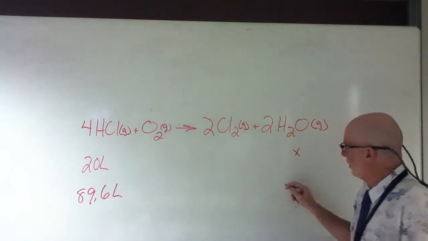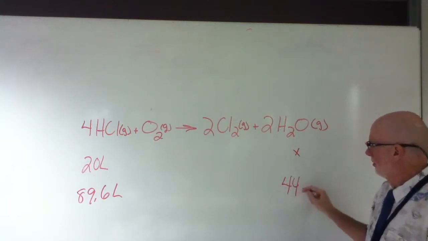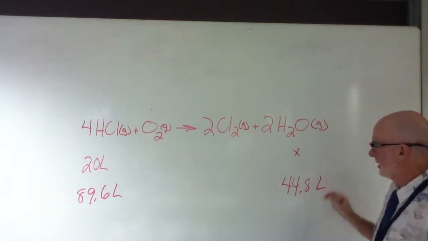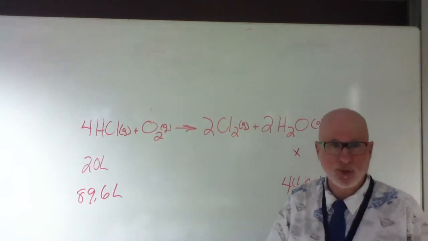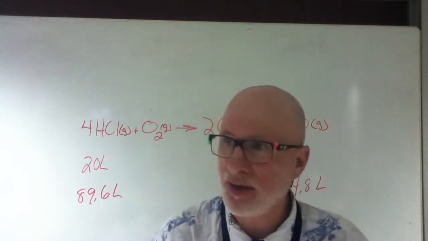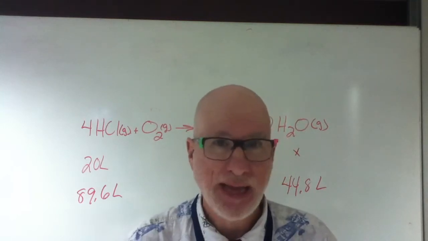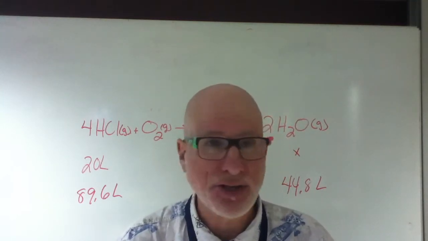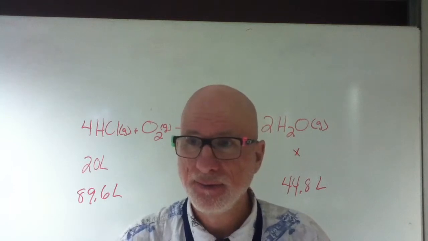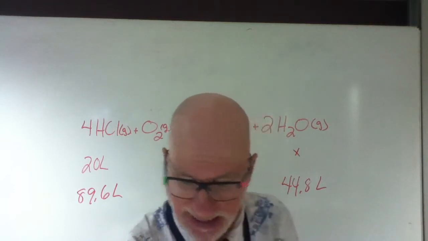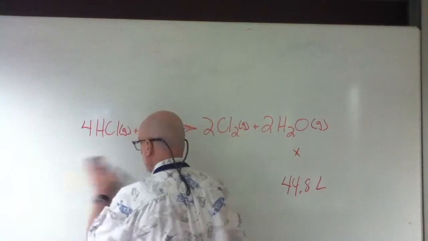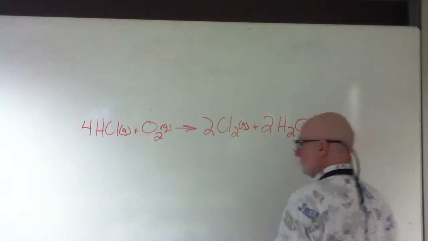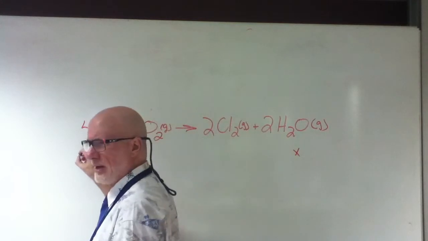So I'd have 44.8 liters, right? So what's the relationship between moles and volume? Isn't it a molar relationship? I double the moles, I double the volume, correct? So can I say, what was this, 20?